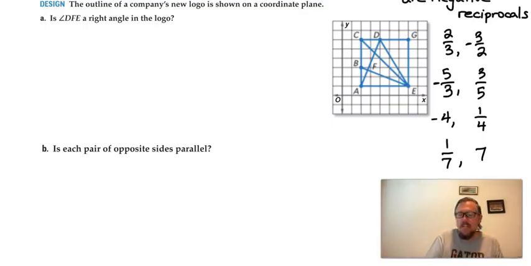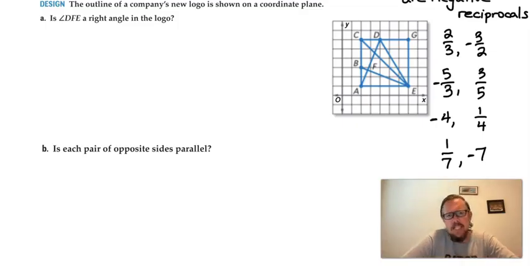If we started with negative 4, we would flip it to make it 1/4 and then change the sign to positive 1/4. And likewise, if we had positive 1/7 and we flipped it, the new number would be negative 7. So that's what we mean when we say negative reciprocals. We flip it, but then we change the sign from positive to negative or from negative to positive.